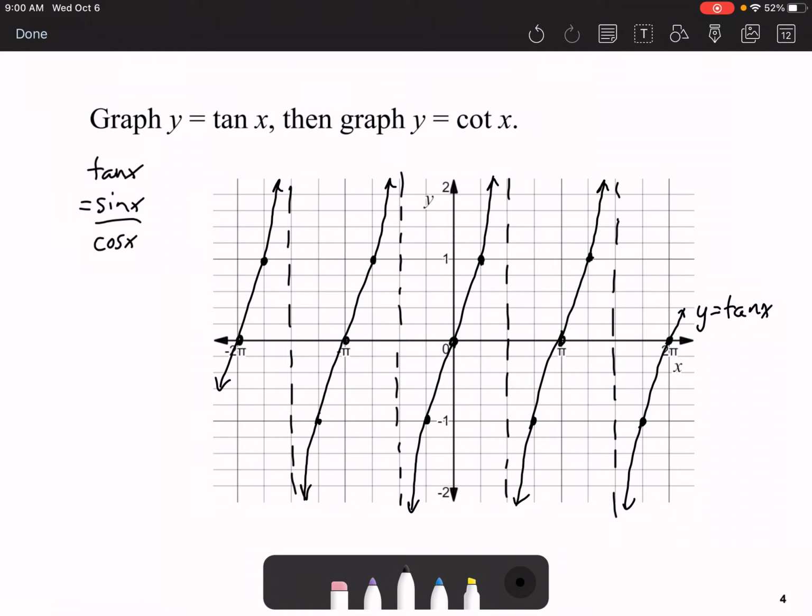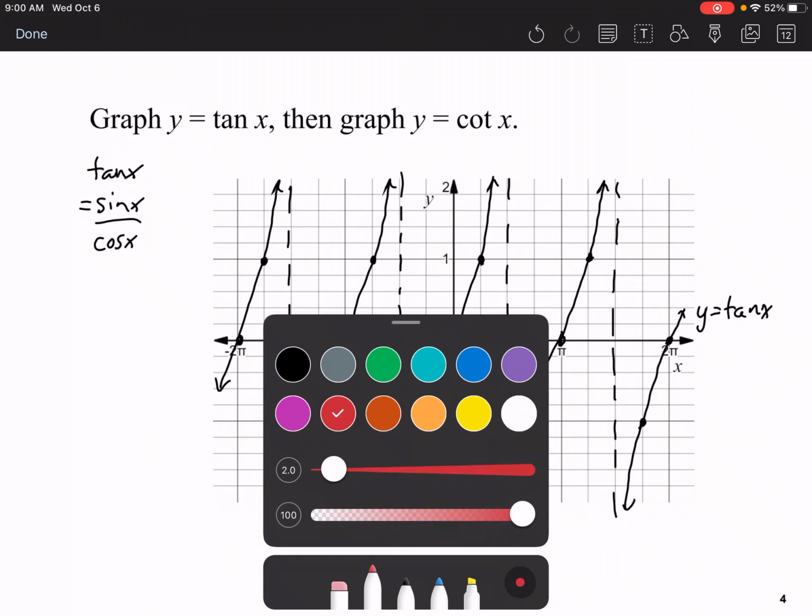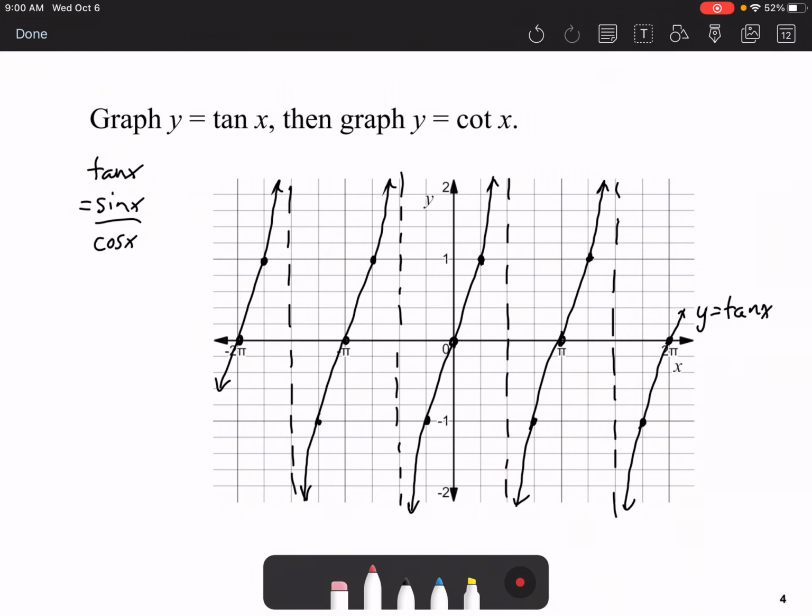Again, we can find the reciprocal of this function. To find the reciprocal, the zeros will create vertical asymptotes.